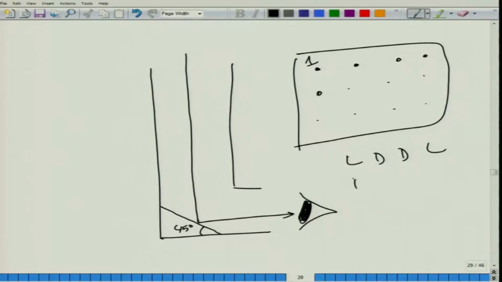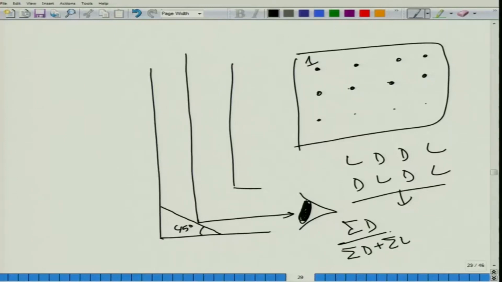Similarly, here you have darkness, then light, darkness, light, and so on. So, now when we want to figure out the canopy cover, we will figure out the proportion of darkness divided by the total number of spots, and that will give us an estimate of the canopy cover.